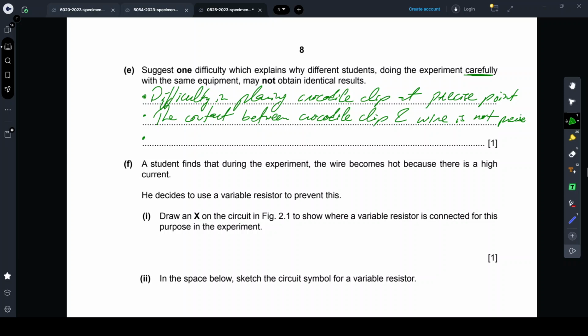And another that they mentioned is difficulty in measuring wire length to the nearest millimeter.